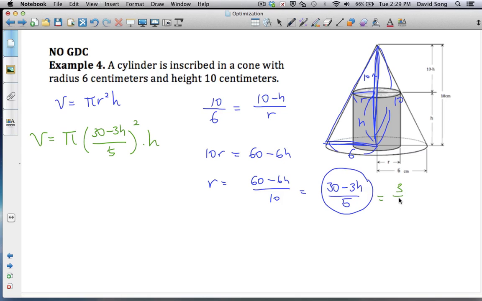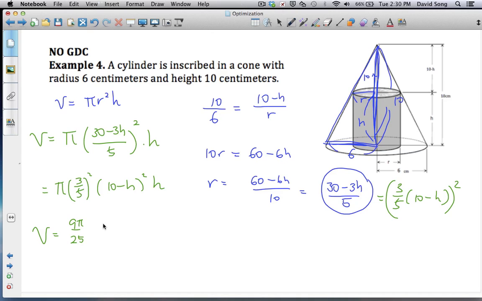So because this is 3 over 5, 10 minus h, and you're squaring this whole thing because that's r squared, you can think of it as pi times 3 over 5 squared times 10 minus h squared h. Okay, so volume is pi times, or actually 9 pi over 25 times 100h minus 20h squared plus h cubed. Okay, if you distribute this out, this is what you're going to get. So that's my volume equation in terms of the height of the cylinder.